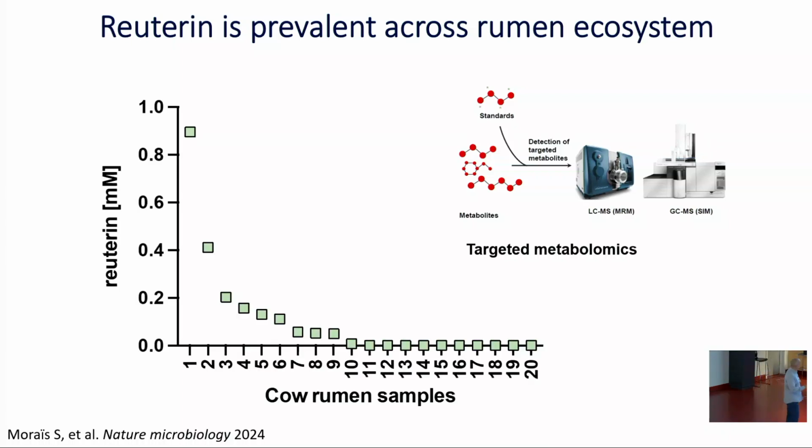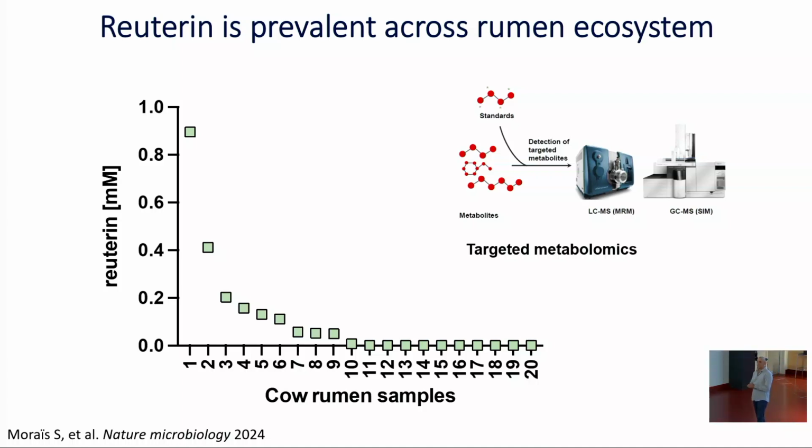So looking at 20 cows, easier than humans, no Helsinki ethics, just sampling, and we found around 50% of the cows having reuterin within their gut. And more importantly, we could actually understand what the physiological concentrations of this compound are.